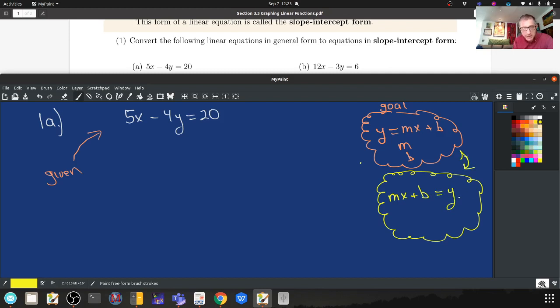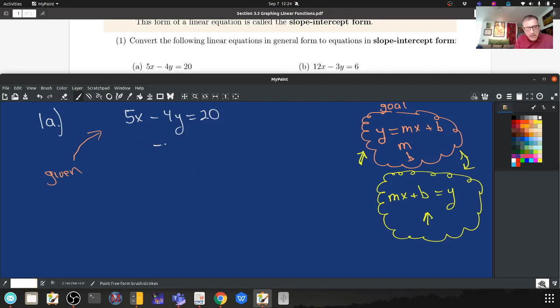Now I'm going to go ahead and make the y on the left hand side, but you don't have to do that. It's probably going to be a little bit easier to do it this way, but it shouldn't matter. I just wanted to mention mx plus b is equal to y, and y is equal to mx plus b. They are the same.